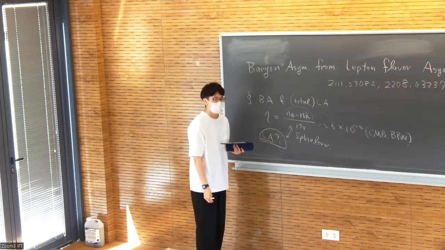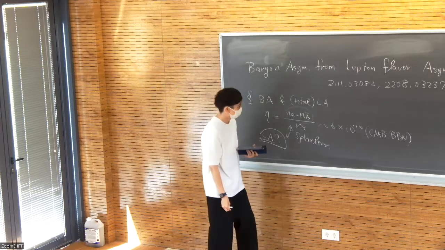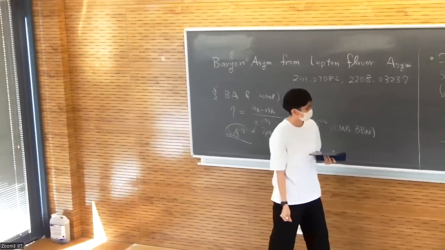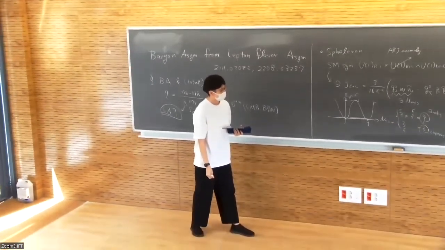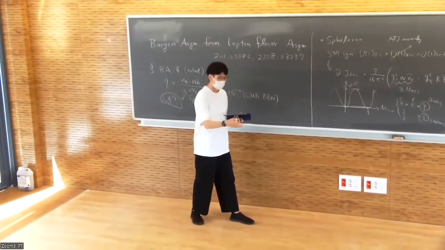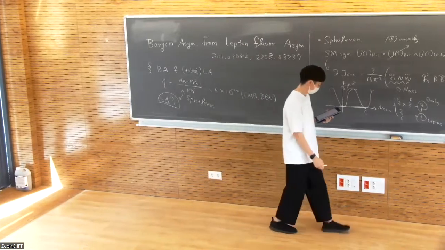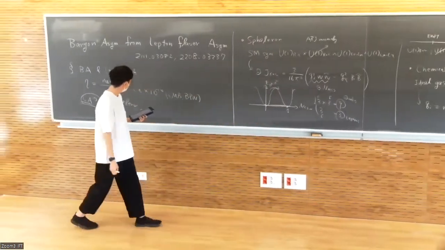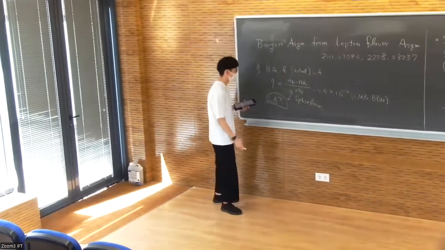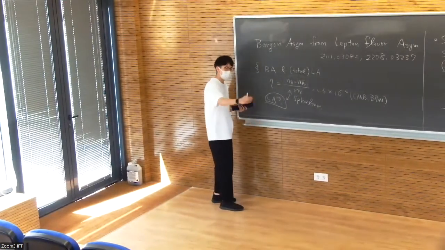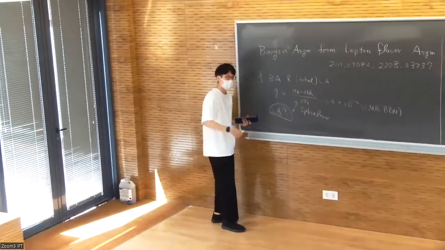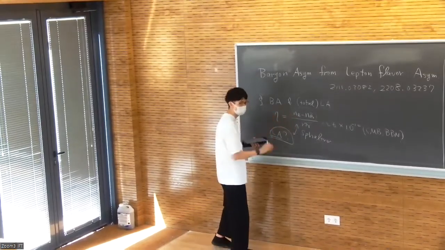I can show you the reference afterwards. But what I want to say here is that if you have a primordial lepton asymmetry and it is too huge, then you will overproduce the baryon asymmetry.